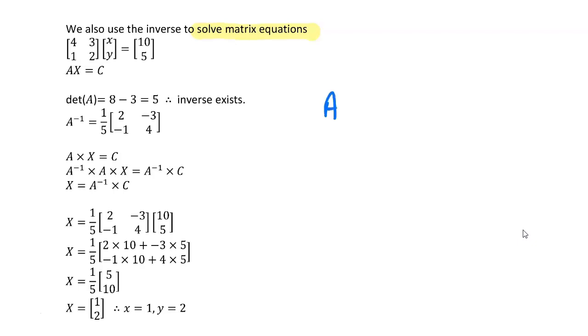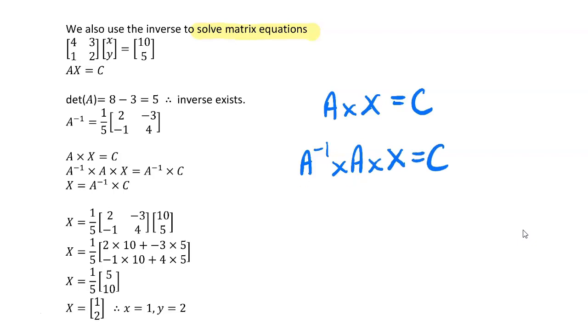So I've started with A times by X equals to C. So that's matrix A times by matrix X equals to matrix C. And we want to figure out X. Okay, so I want to undo the effect of timesing by A that we did here. Now remember, we can't divide, but what we can do is times by A inverse.